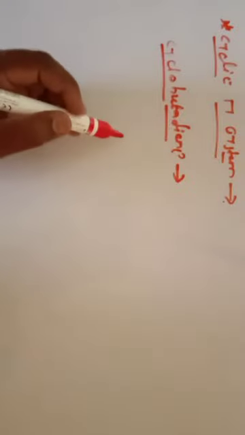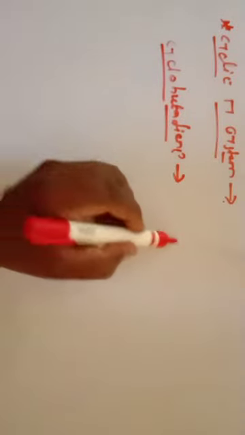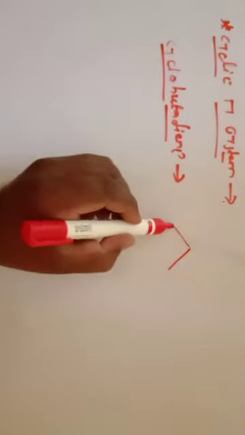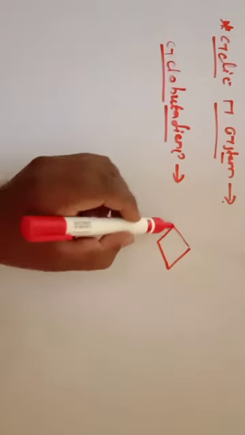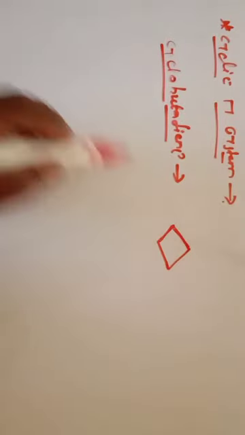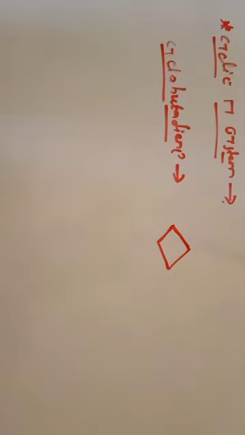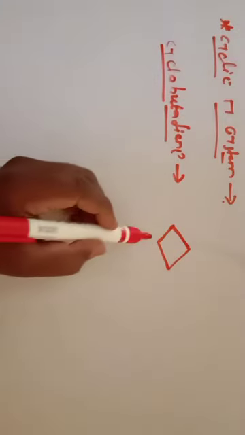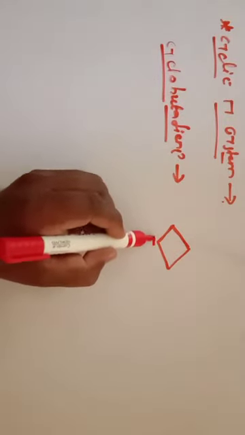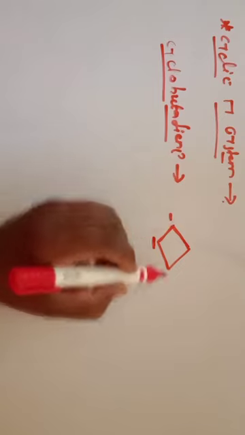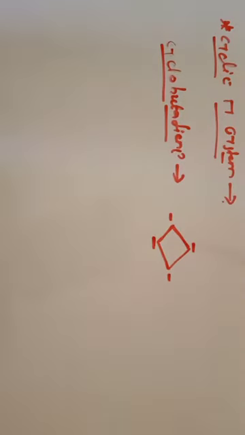So we can draw this cyclobutadiene in such a way that one vertex is down, and each vertex then corresponds to the relative energy of the molecular orbital. So it is very simple. Every vertex corresponds to the relative energy of the molecular orbital.